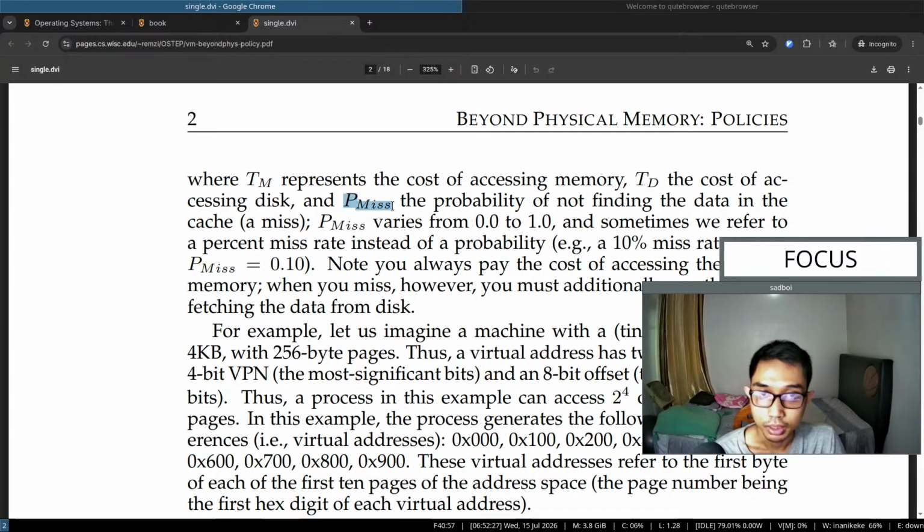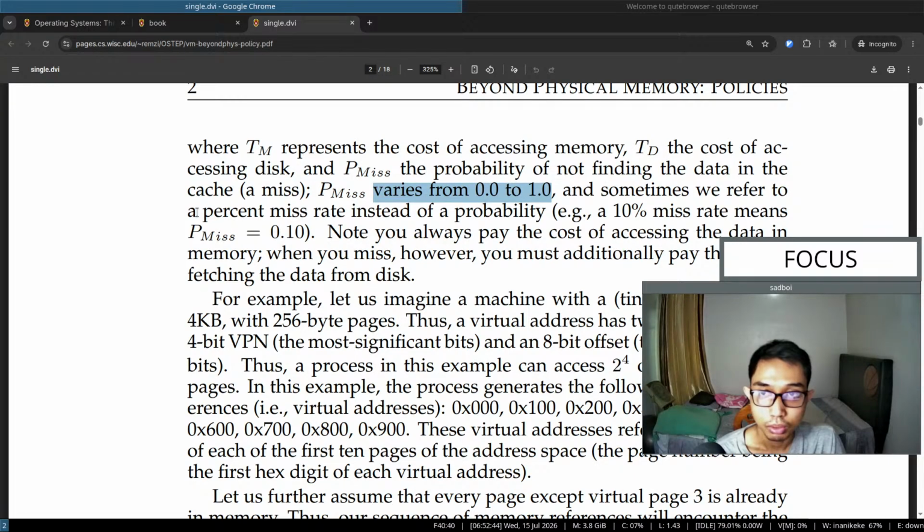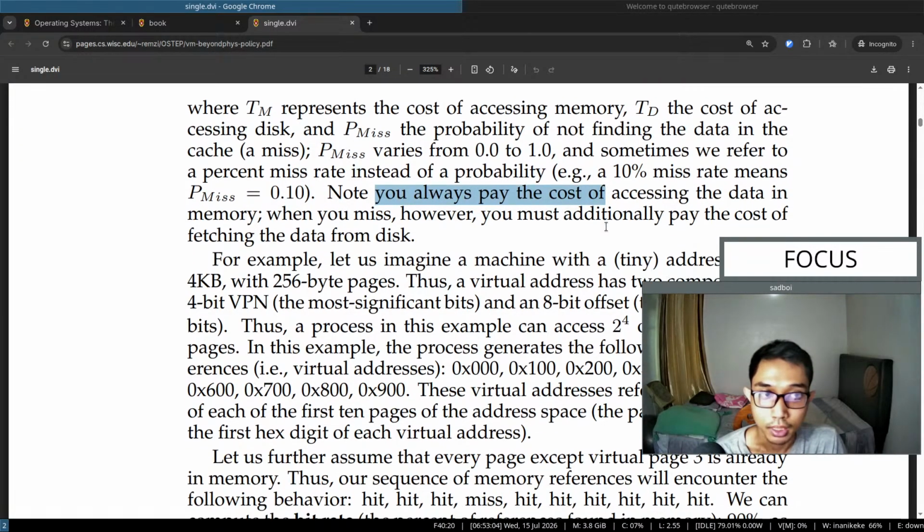And then P_Miss is the probability of not finding the data in the cache, that is, a miss. P_Miss varies from 0.0 to 1.0, and sometimes we refer to a percent miss rate instead of a probability. For example, a 10% miss rate means P_Miss = 0.10. Note, you always pay the cost of accessing the data in memory, right?